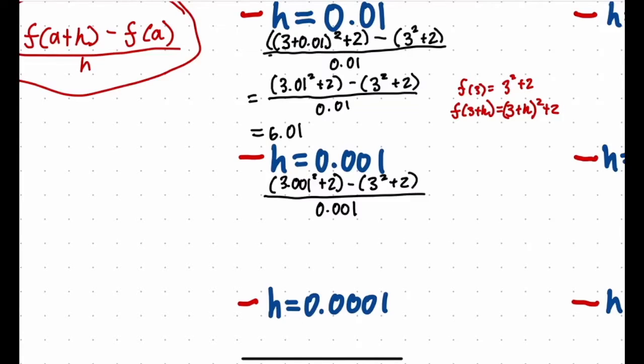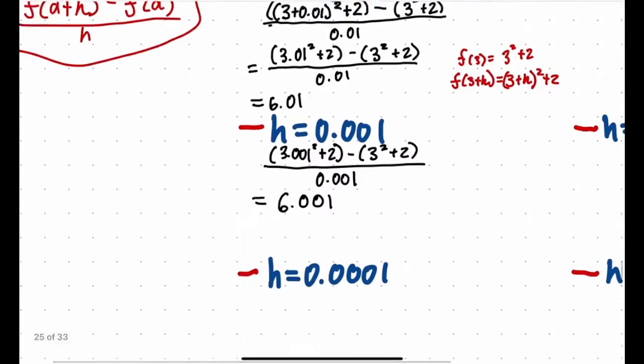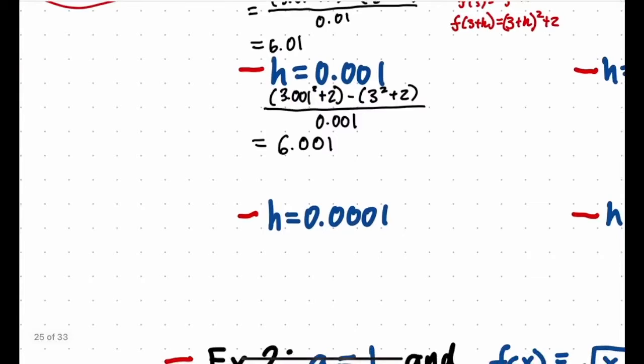And now we have a new function, and we can just calculate that out as well. So if you have a calculator handy, feel free to just plug that one in. But if you don't have one handy, I can just tell you the answer is 6.001. Alright, okay, so we're getting even closer to 6 now.